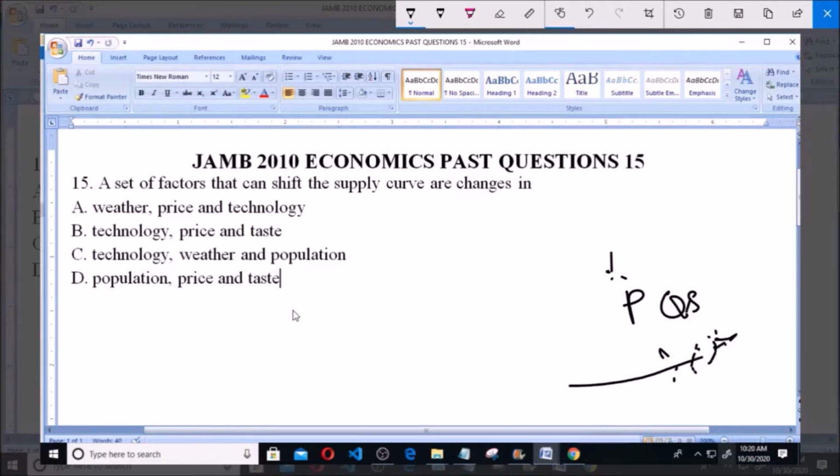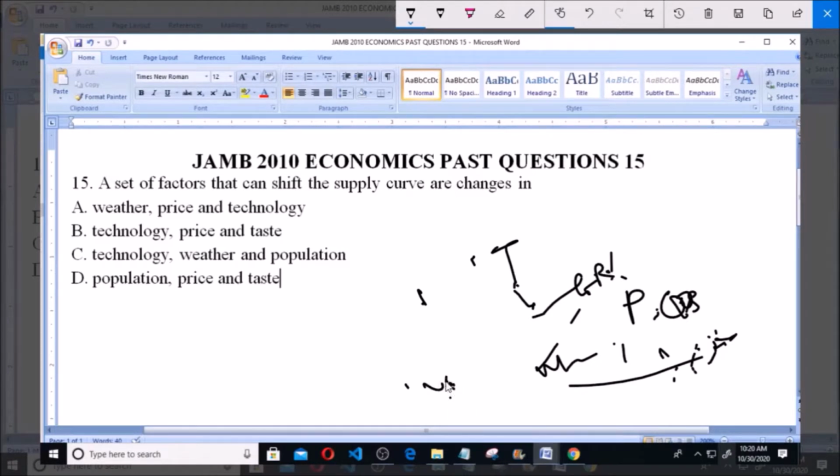Among the factors affecting supply are price, level of technology, cost of production, government policy, weather, taxation, price of other commodities, number of producers, and natural disasters.